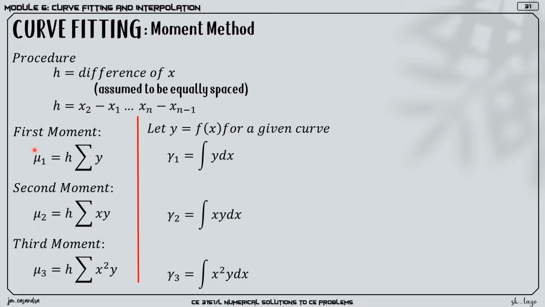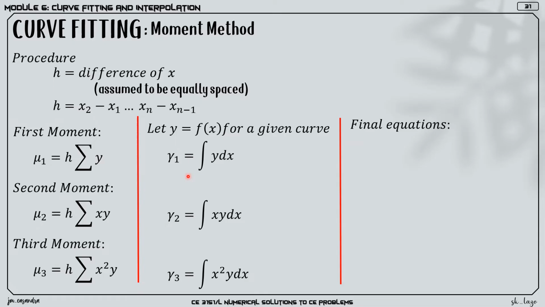Once we have identified our true moments and our theoretical moments, what we have to do is determine our final equations, wherein the true moment, mu, is equal to the theoretical moment, gamma. So we simply equate the true moment with the theoretical.